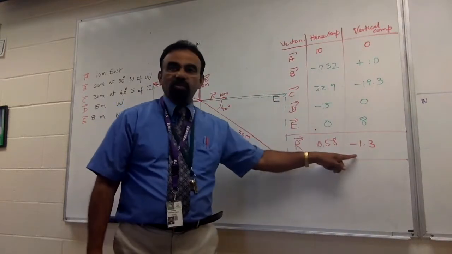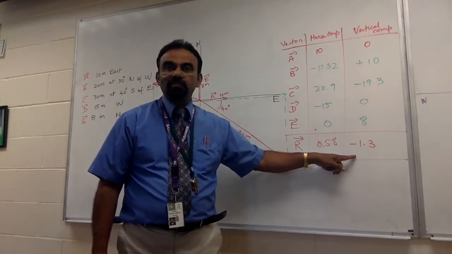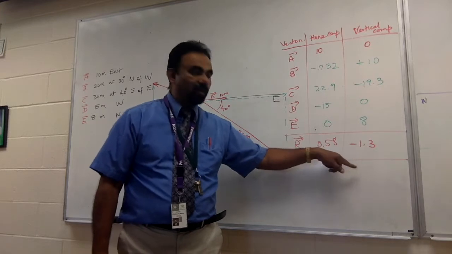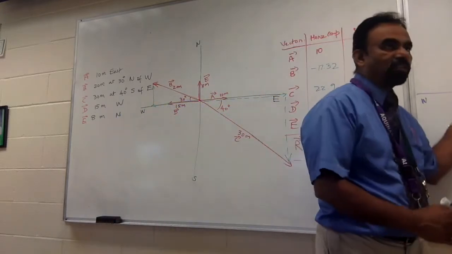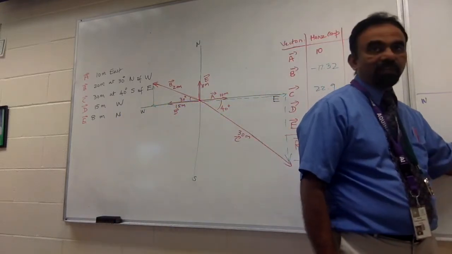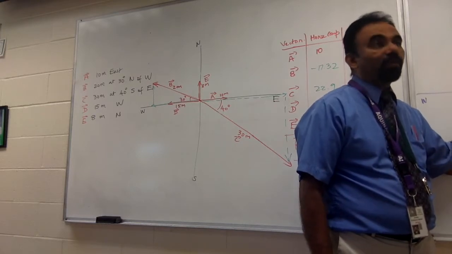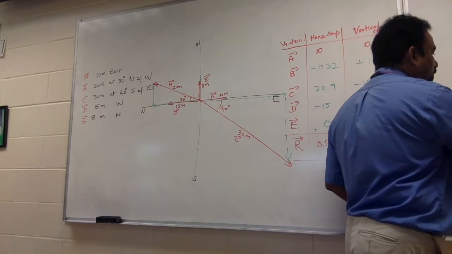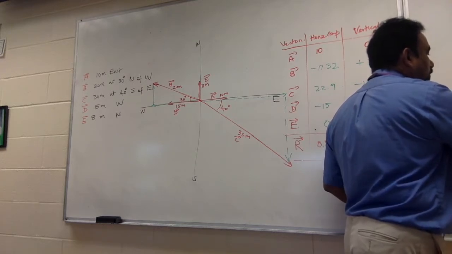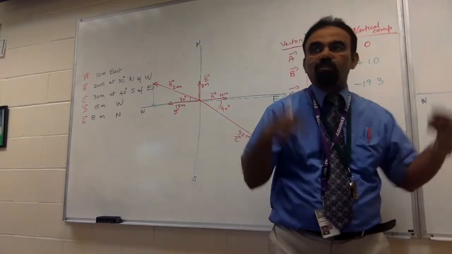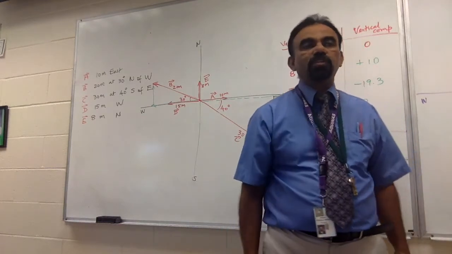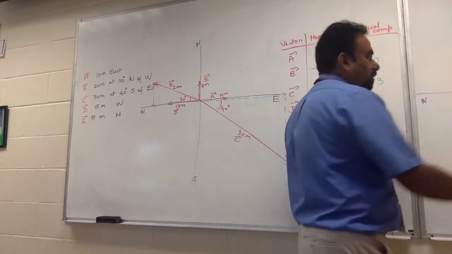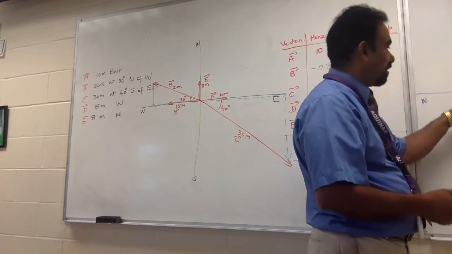How much is in the y direction? Negative 1.3. That means imagine you're walking from here to here, 0.58, and then if somebody's telling you go negative 1.3, which way you go? You don't have to put a negative sign there, you already pointed it down. So there's no need to put a negative sign again. Now, what's your resultant?